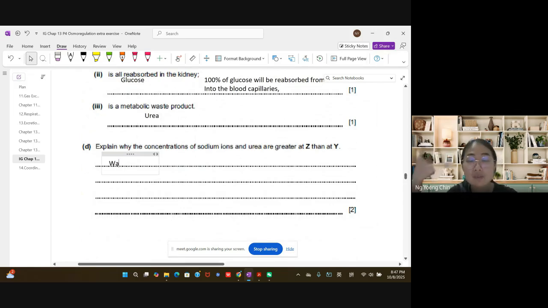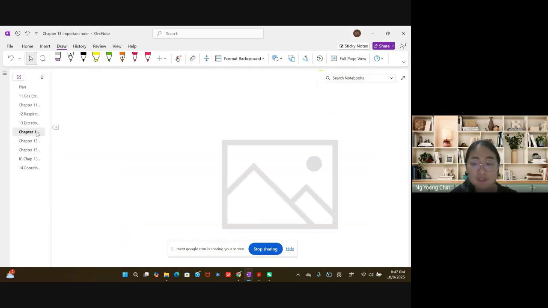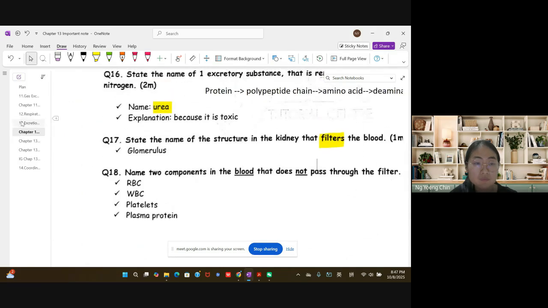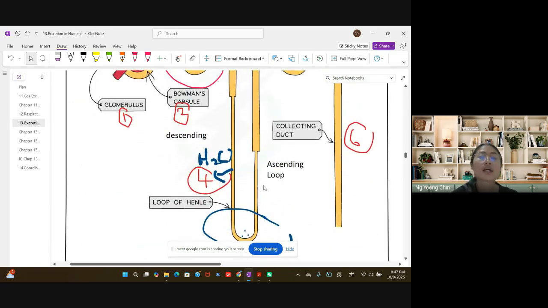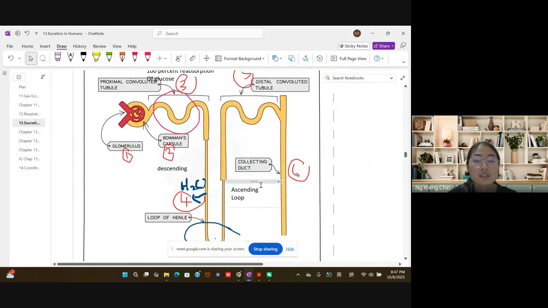Okay, because, right, you just imagine that inside the urine, right? Maybe I can draw here. You can just imagine at this place. Reabsorption of water happens at the loop of Henle. Remember this?